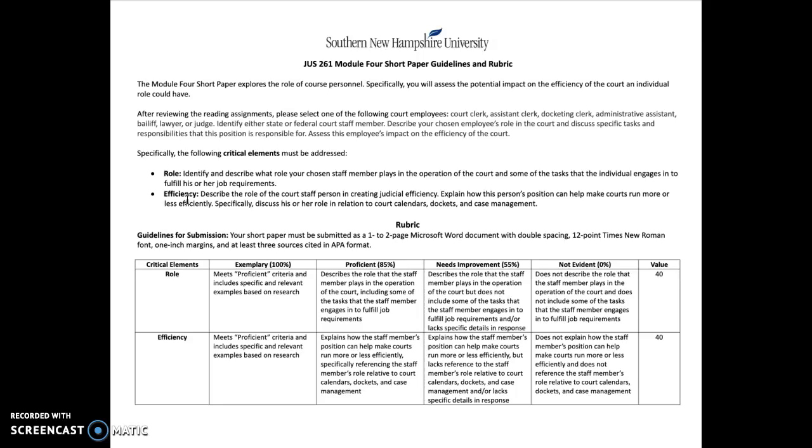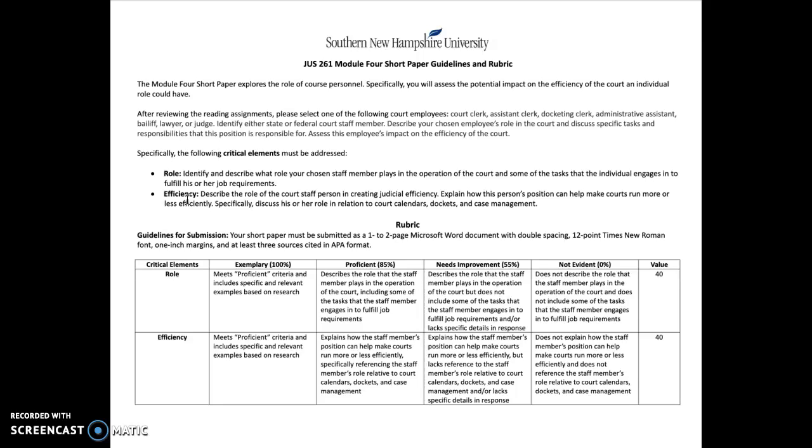Now, case management is sort of the proactive approach to processing legal matters, basically your court cases. It comprises various techniques to help move cases along in an efficient and an effective manner.